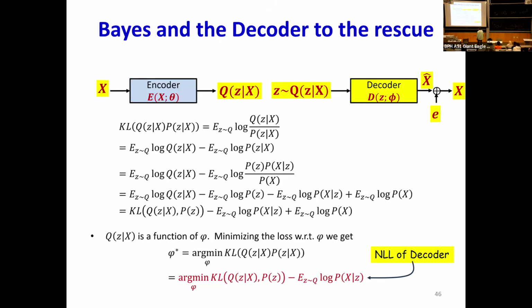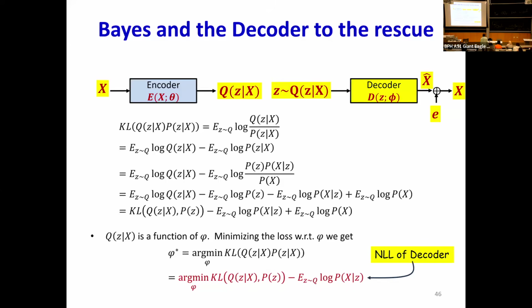The second term over here is simply the expectation over z of the log of P of x given z. It's the negative log likelihood of x for a given z, which is going to look like the distribution of the noise. And the third term, this is just P of x. P of x is not a function of any of the network parameters. It's something that we don't really need to worry about.